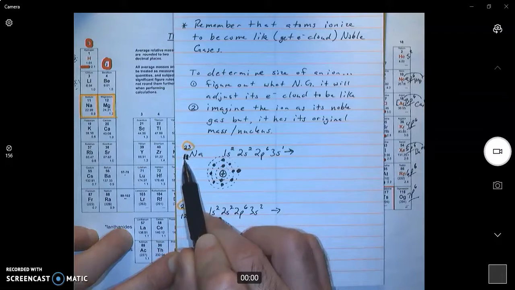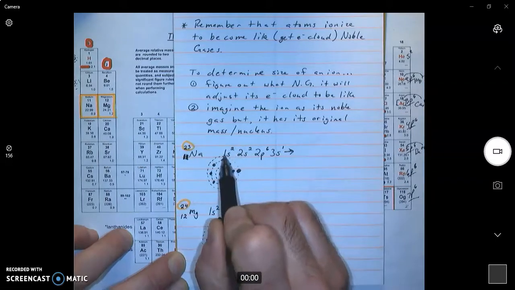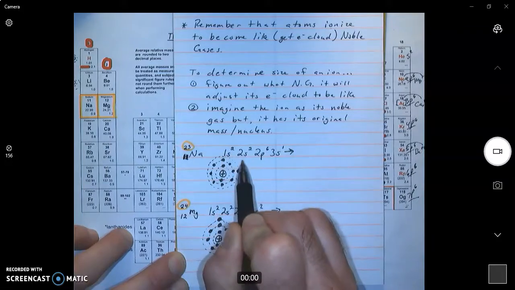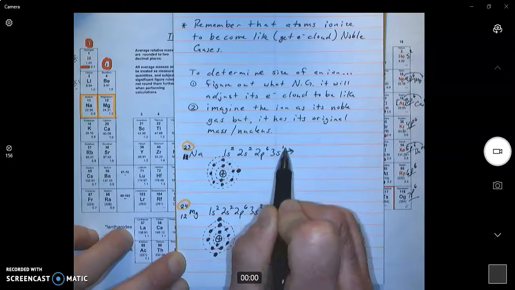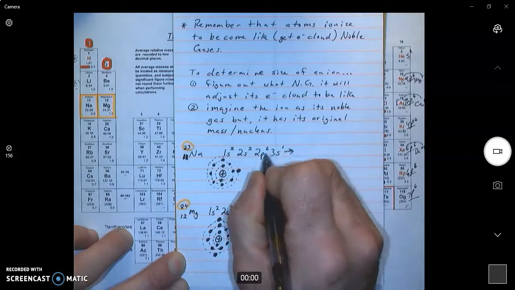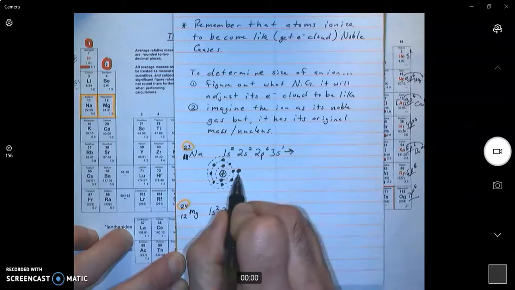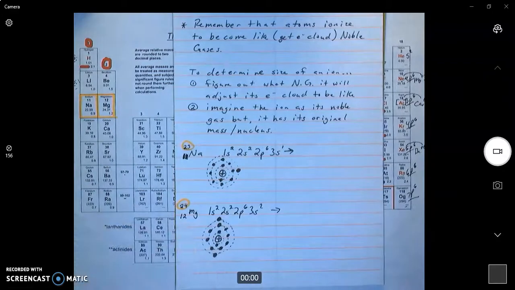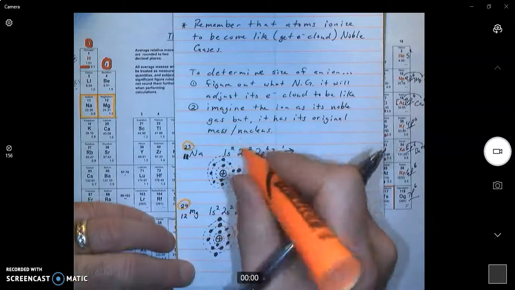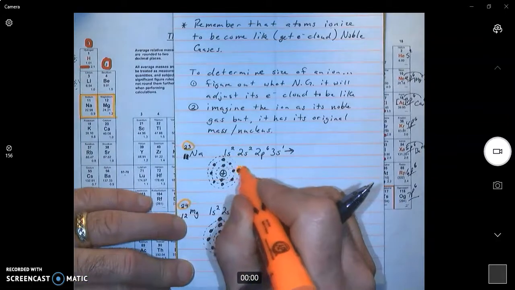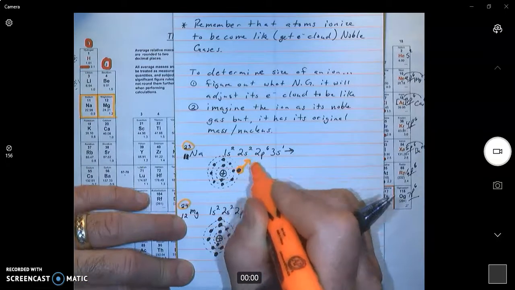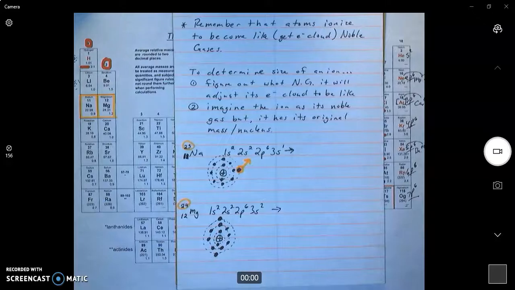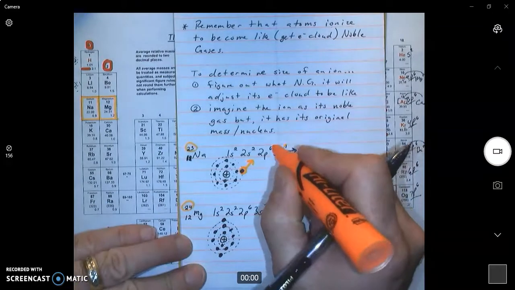In order to do that, if we look at the electron configuration for sodium, which has a mass of 23 and an atomic number of 11, so 11 electrons, it has a configuration of 1s2, 2s2, 2p6, 3s1. The 3s1 is that last outermost electron on the third energy level. That's the electron it's going to lose, which means it's going to get rid of this 3s1.